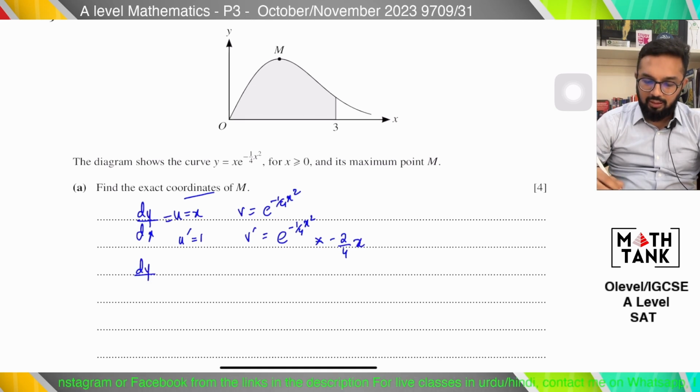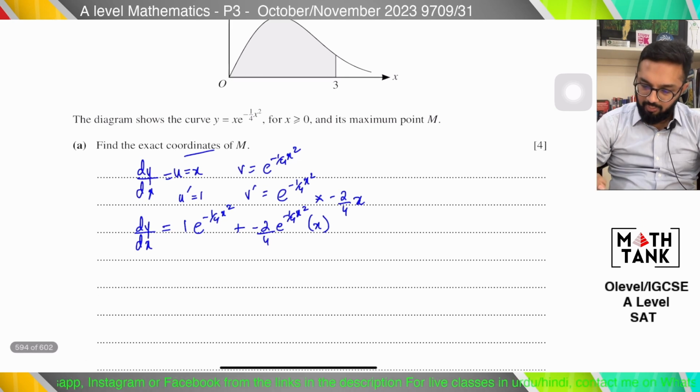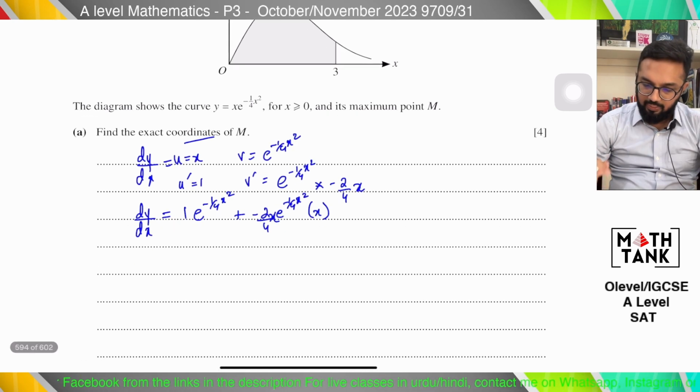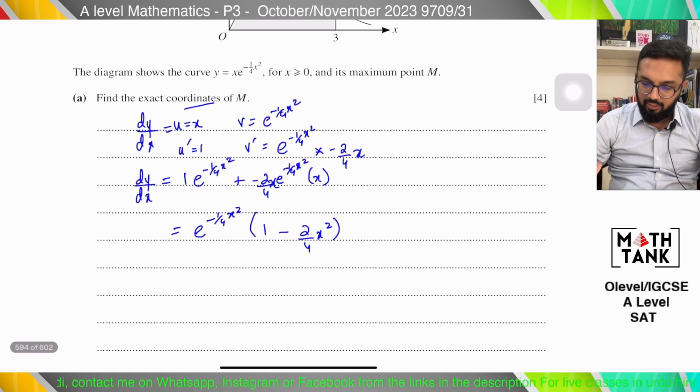So dy by dx is basically u dash v plus v dash u. Factoring out the common term over 4x is important. So 1 minus 2 over 4 x squared.